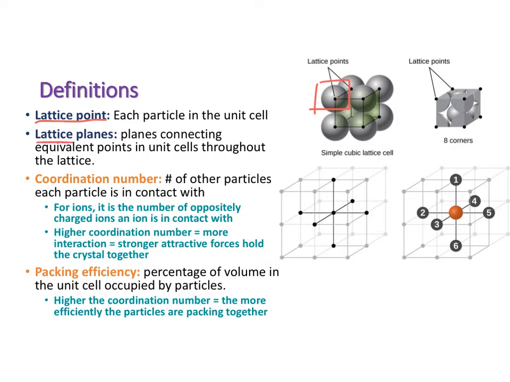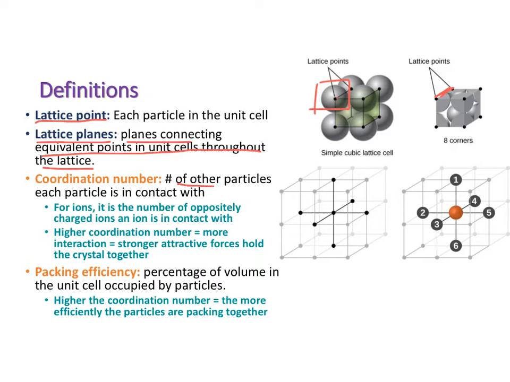Lattice planes are the planes connecting equivalent points in unit cells throughout the lattice. So all these are the sides of the lattice unit cell that connect the unit cells to each other.